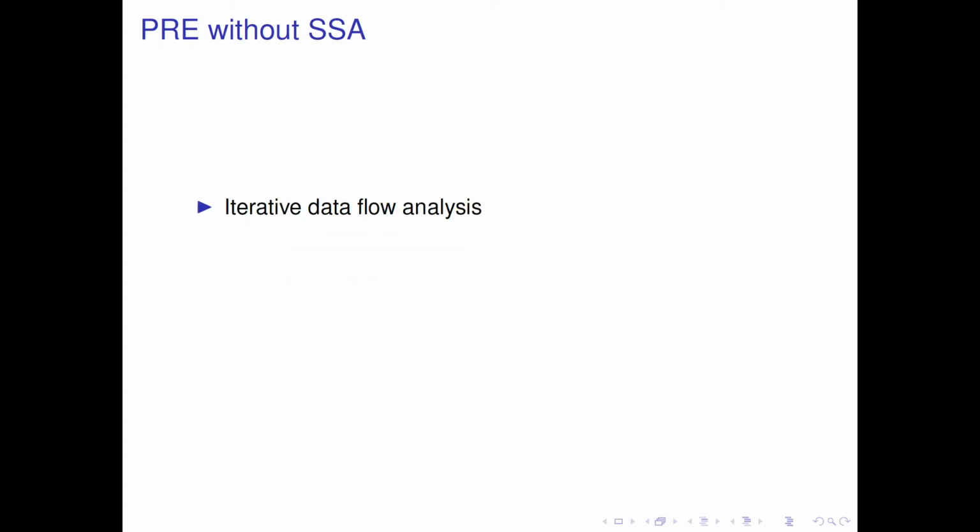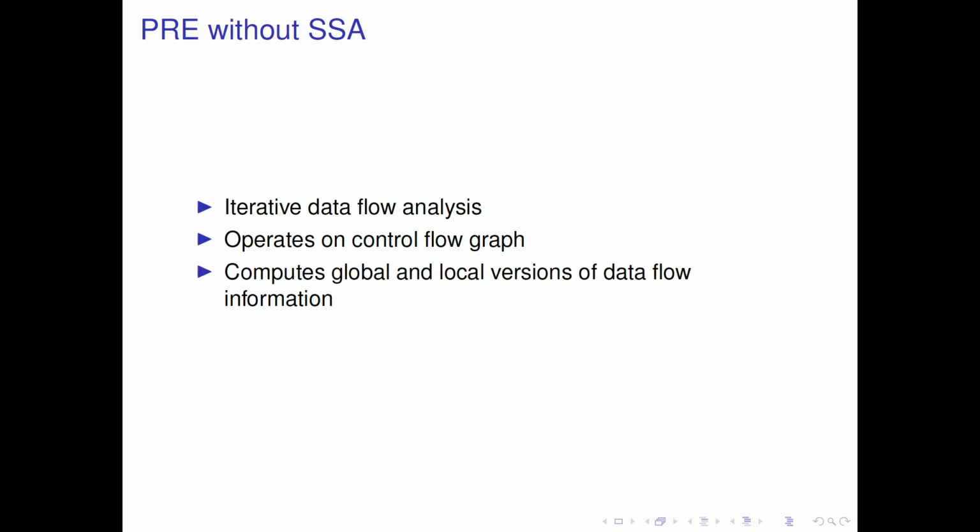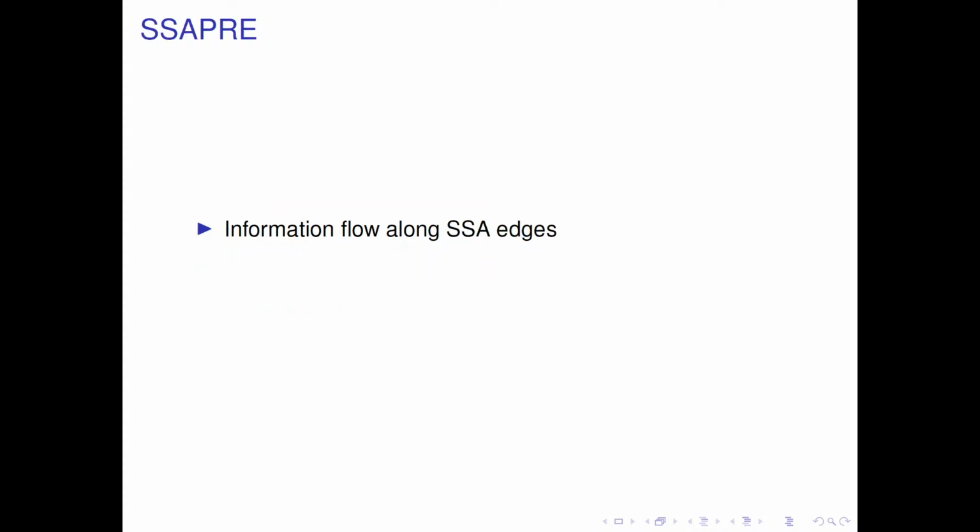Like any other data flow analysis, it is iteration based, you do multiple iterations till you reach a fixed point, but it is a collection of multiple data flow analyses, so each of them has to terminate or reach a fixed point. It works on the control flow graph, and it also requires you to compute global and local versions of data flow analysis, like you must have done for available expression. As you can see, it's quite an involved exercise, and it is not so efficient. You have to iterate and reach a fixed point for multiple such data flow analyses.